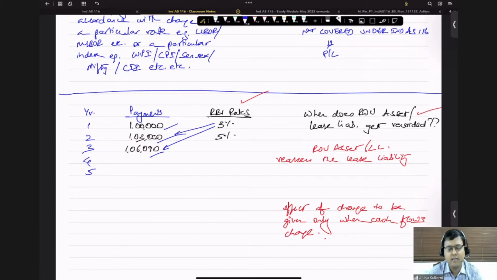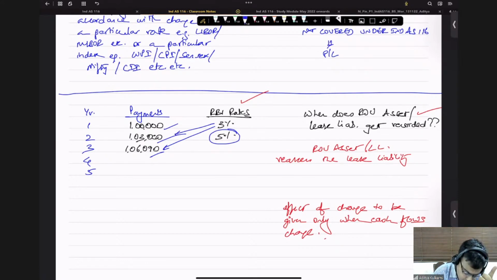So 1,03,000, 1,06,000 is what you would have estimated in your lease liability workings. That much only will be the payment. We will not capture this 5% impact because my cash flows are not changing. So I am not going to reassess my lease liability and the ROU asset at the end of year 2.